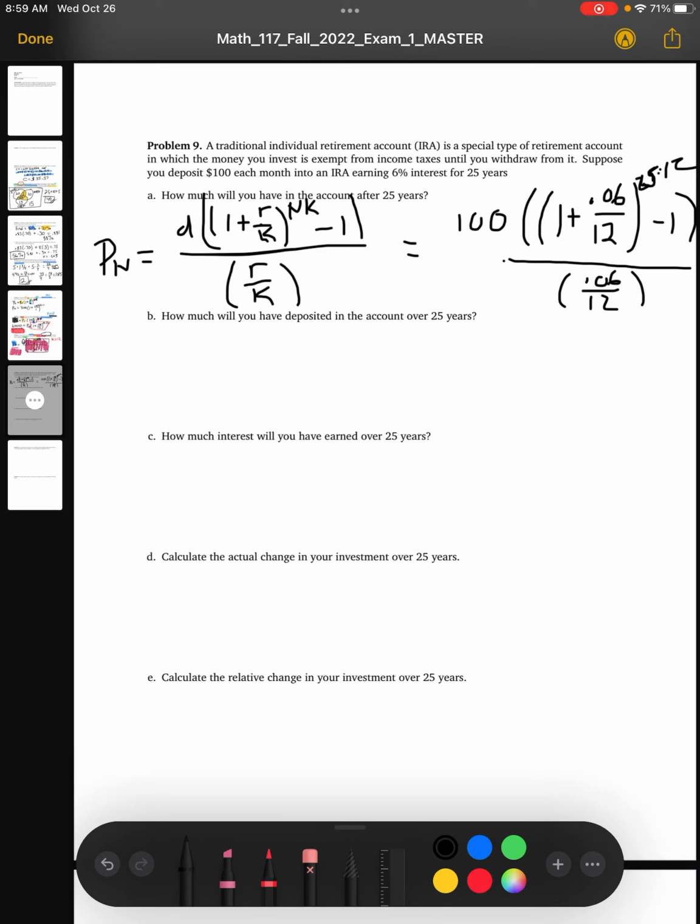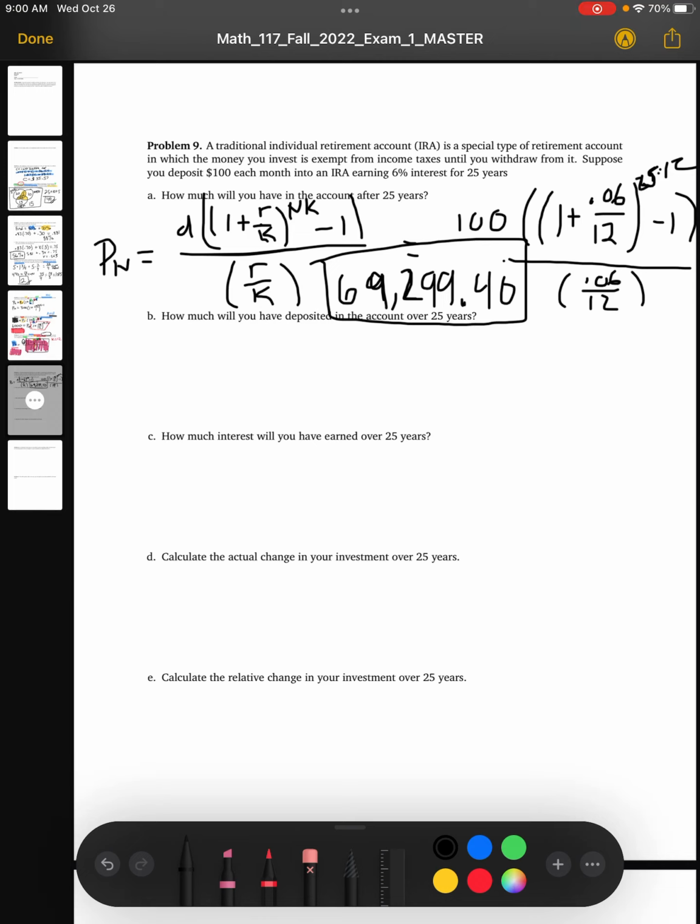And so for this, we would end up with $69,299.40. Okay. So that's the total amount we're going to earn with this annuity.